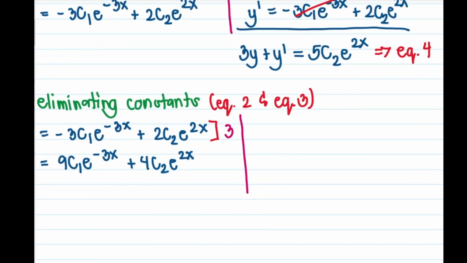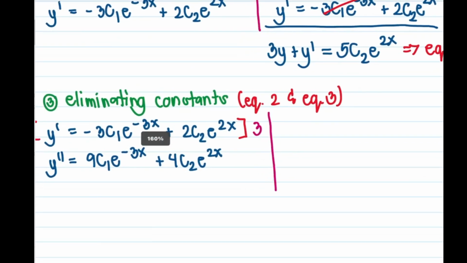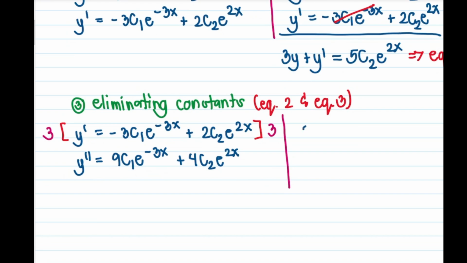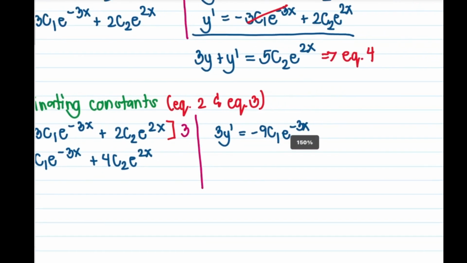So distributing 3 to the inside term, that one will be 3y prime equivalent to negative 9c1 e raised to negative 3x plus 6c2 e to the 2x.